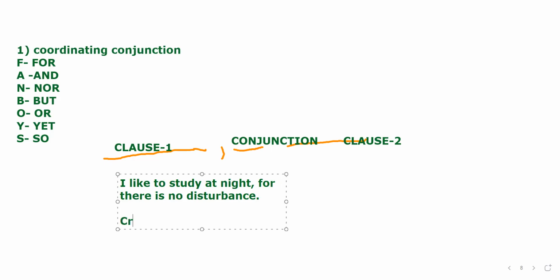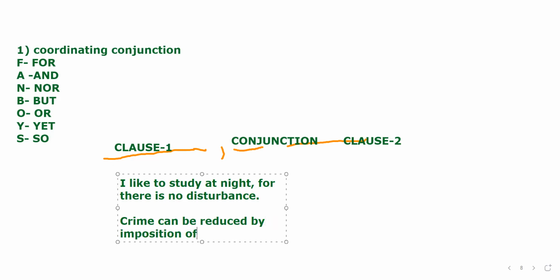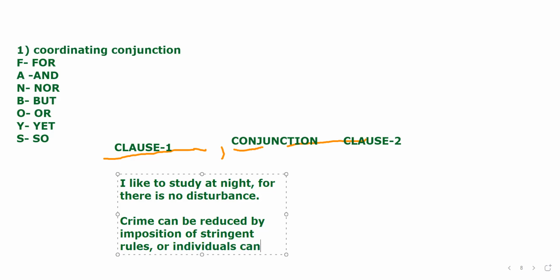Or, crime can be reduced by the imposition of stringent rules, or individuals can understand the moral ethics and values.